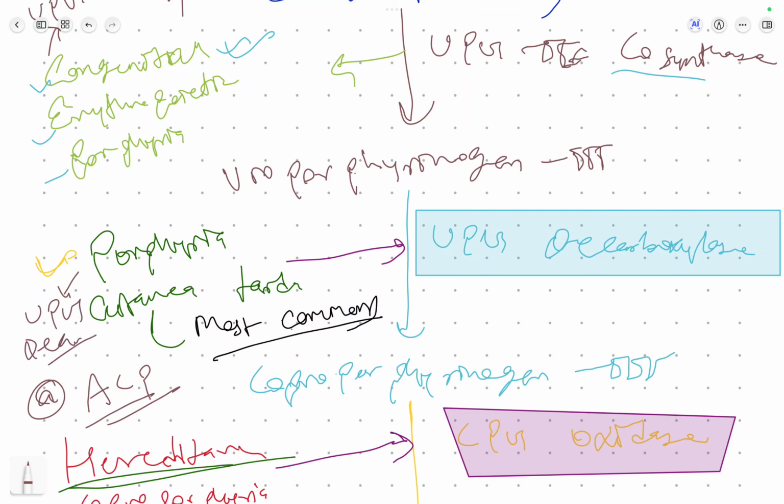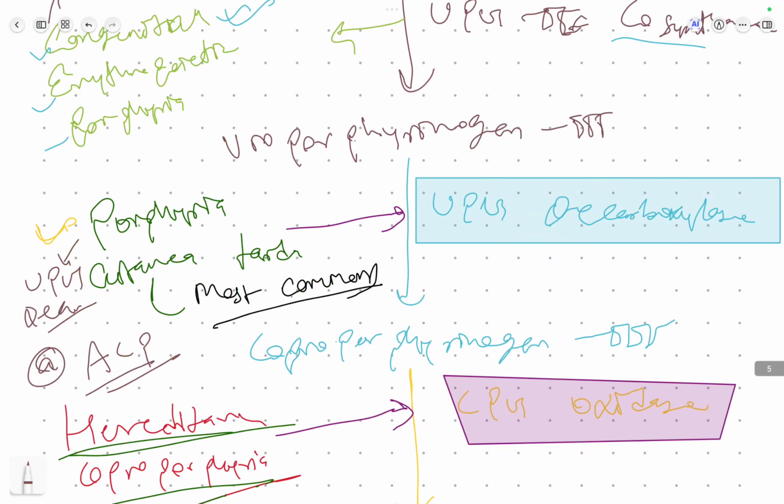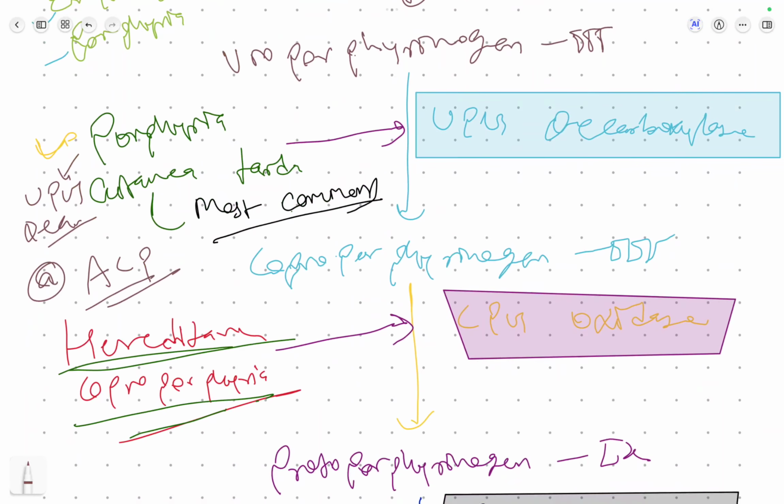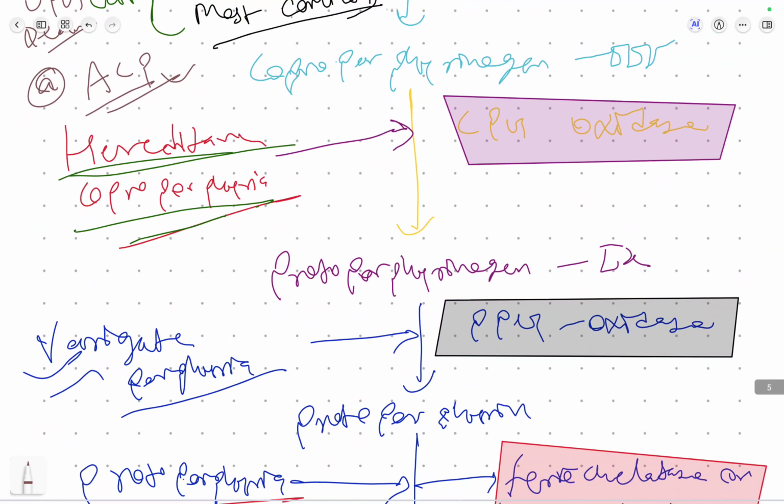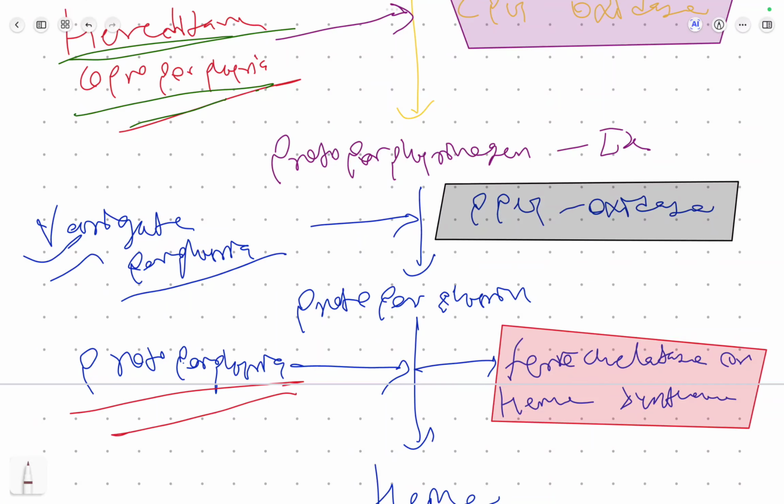So almost all the names of the enzymes are also the same. All right. So these are ACP, and then after there are hereditary coproporphyria, variegate porphyria and protoporphyria. These are not that important, but protoporphyria is sometimes asked. All right. So keep in mind.